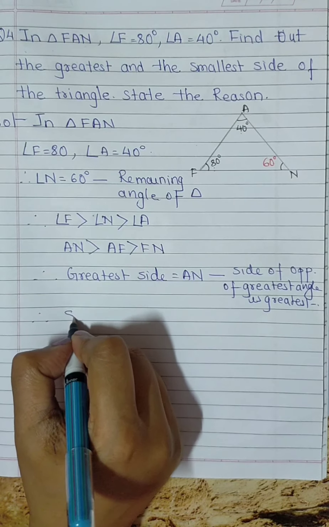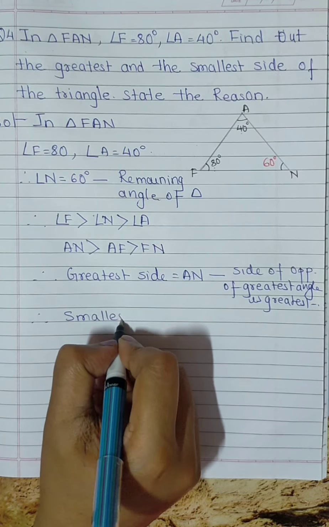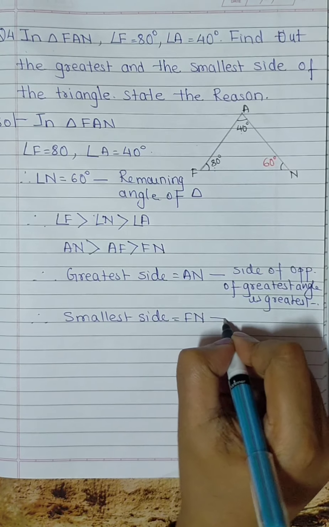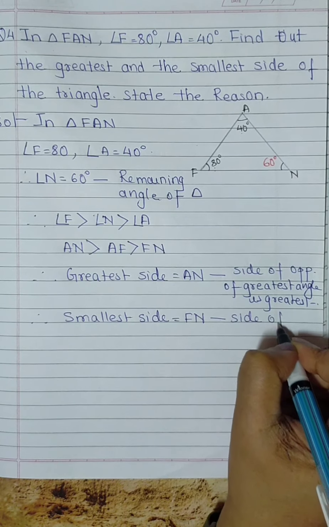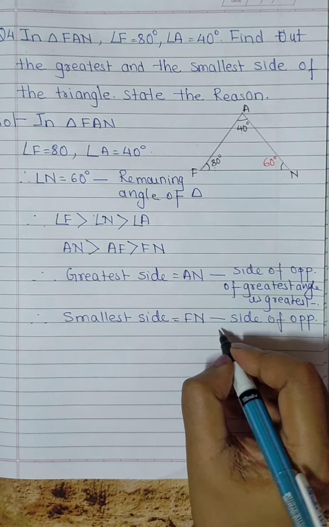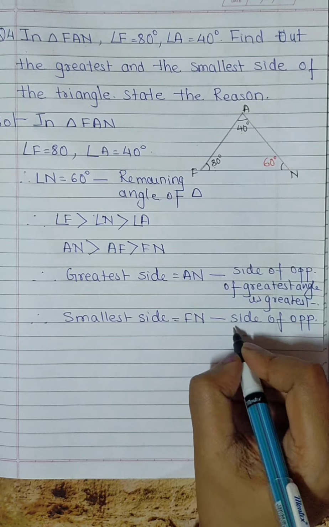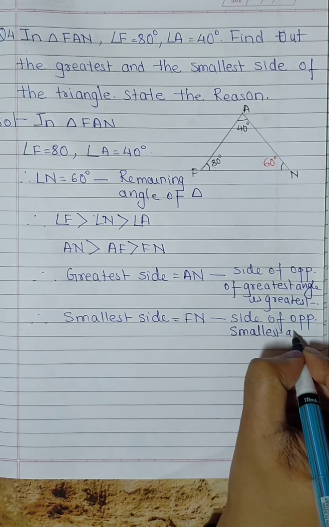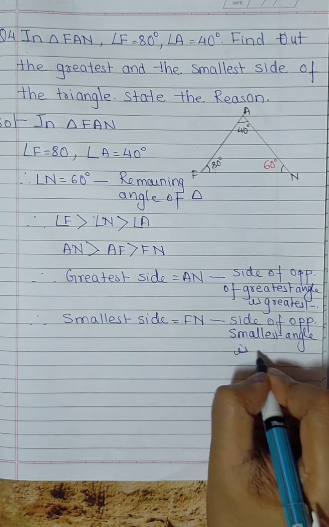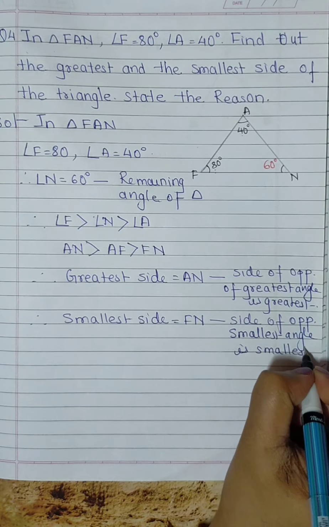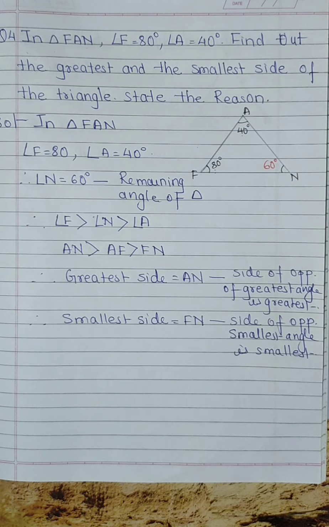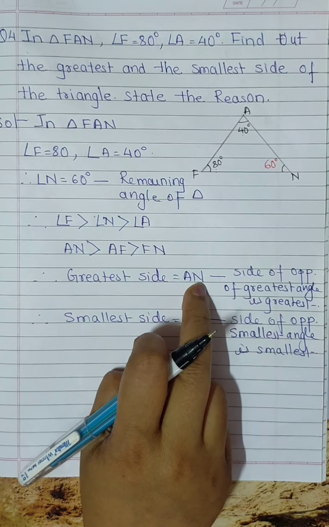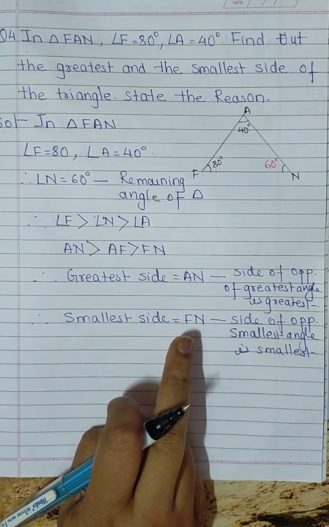And the smallest side is FN, the side opposite to the smallest angle is smallest. Okay, I hope you understood. We have proved that the greatest side is AN and the smallest side is FN.